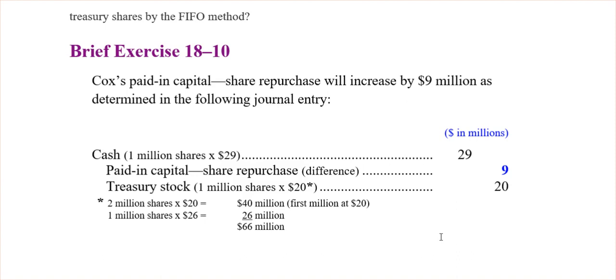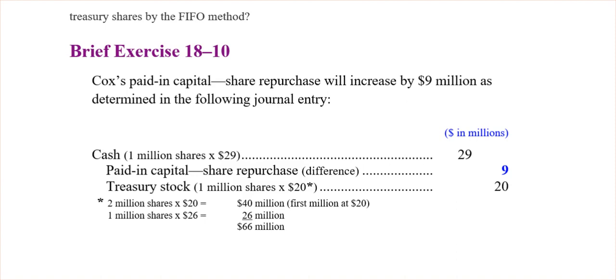So the ones that you have left will be from the remaining groups, 1 million at 20, and then 1 million at 26. But for this problem, all we're talking about is the journal entry associated with it, and that is to take out of treasury the first group that you put in there, which was the $20 group, 1 million shares of it.